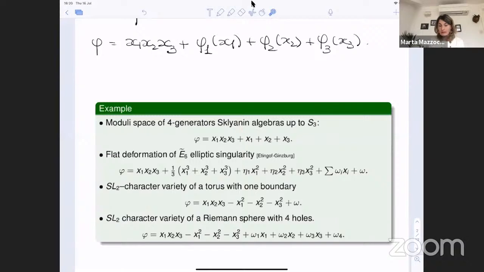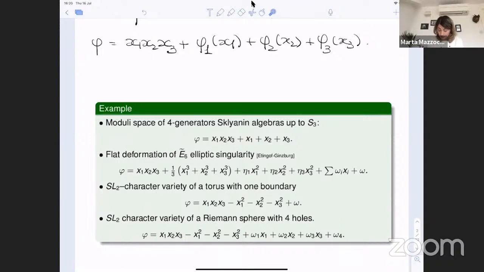The Sklyanin algebra is generated by 4 generators and relations, and there are some constants in those relations, which we denote x1, x2, x3. In order for the algebra to satisfy things such as the Jacobi identity, you need to sit on the zero set of such a polynomial, which has exactly the form we like: only one mixed term and then 3 terms in one variable.